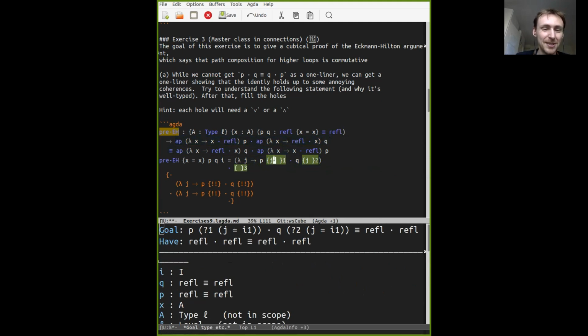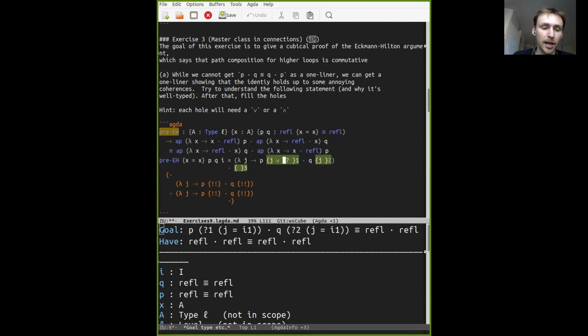Okay. So when j is equal to 0 here, in this guy, we need this to be refl and we need this to be refl. So since we have a j here, we must make this disappear. I claim that we have to put a min here, because what happens if we put, so this is just some term involving i.